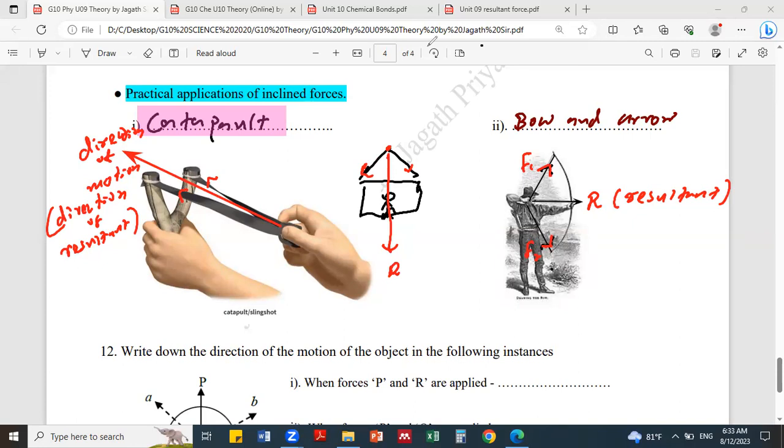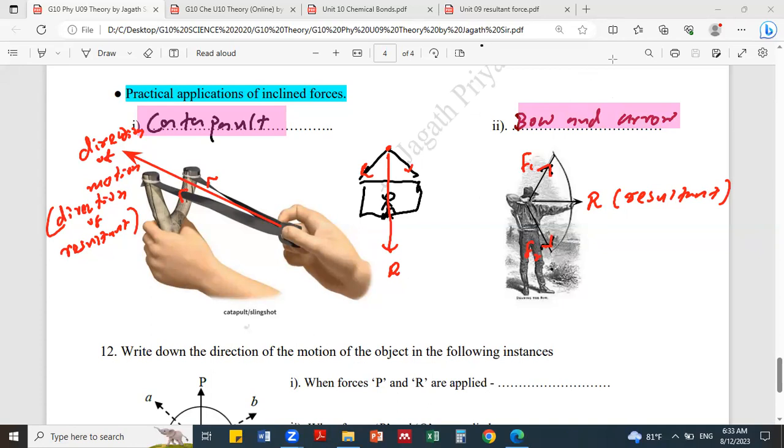That is also a situation like this. These are called inclined forces. I think in Sinhala we call it Anata Bala, not parallel. Now the last figure. These are the practical applications, the instances where we can observe inclined forces in day-to-day life.